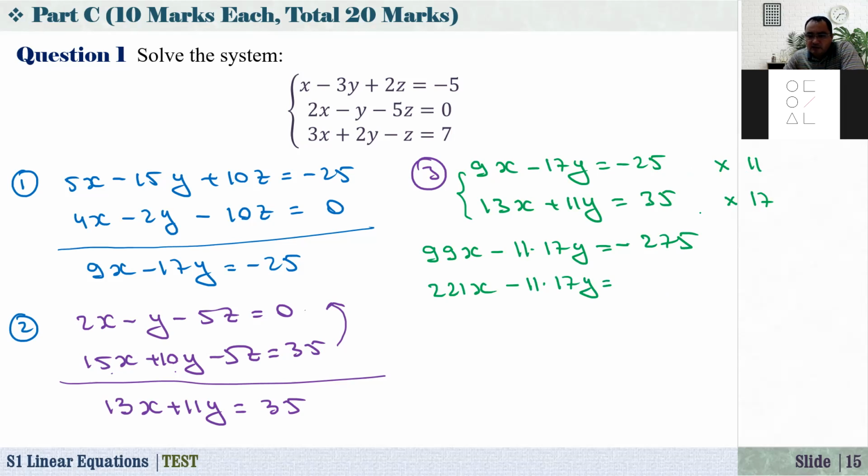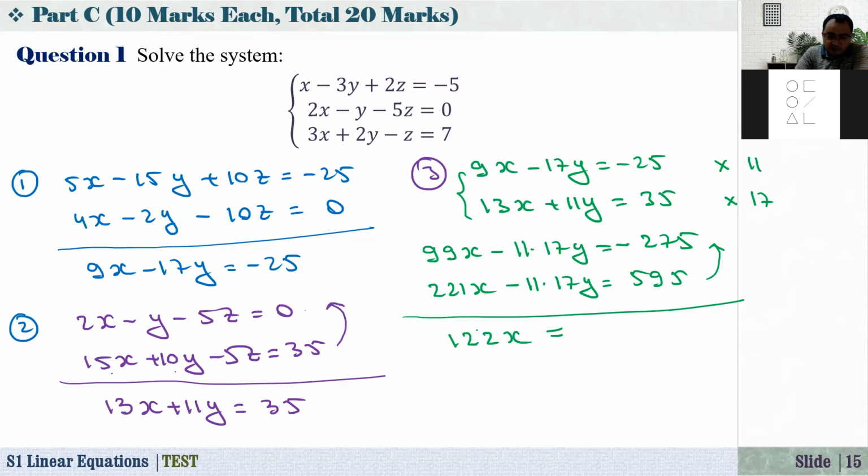And 17 times 35 is 595. Now if we subtract, the first from the second, 221 minus 99 is 122x. The y's are gone because they are the same, and that's what we are trying to do here. 595 plus 275, because we are adding 275, is equal to 870.